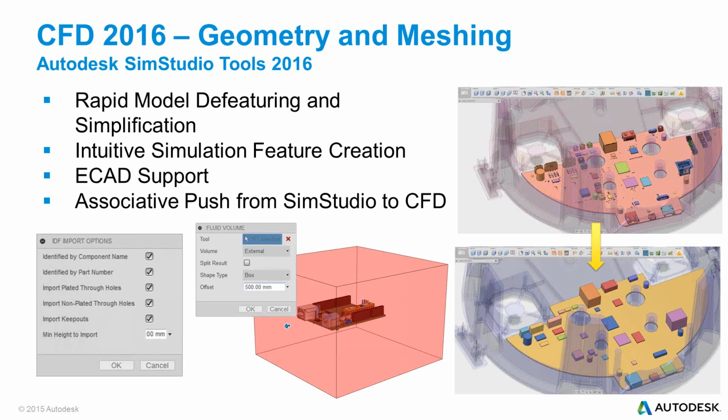In SimStudio Tools, there is specific functionality where you can take, and I actually did this myself, the model above, which has thousands of components, all of those things being surface parts, and pare it down to the electronics assembly on the right, and it took me maybe 5-10 minutes. To get from top to bottom in 5 or 10 minutes is something I wouldn't have been able to do as an advanced CAD user who has been doing CAD for quite some time. So I was really excited to see that this tool is going to benefit our users.